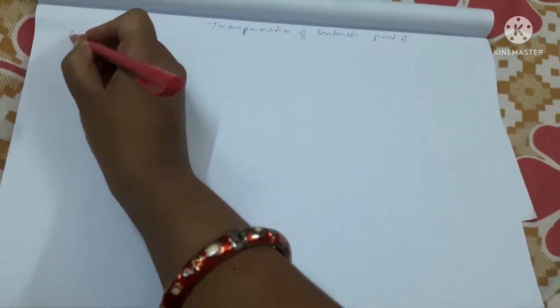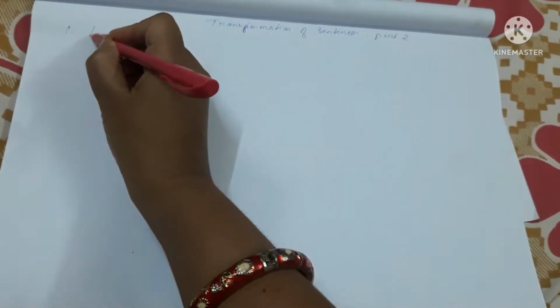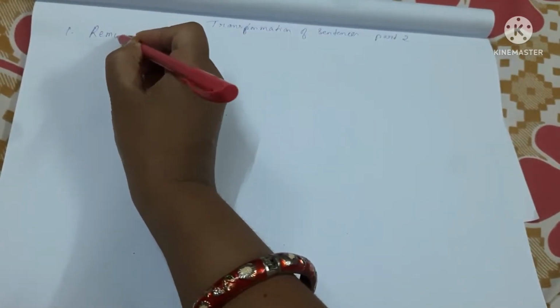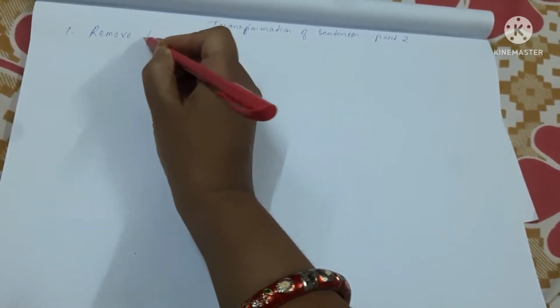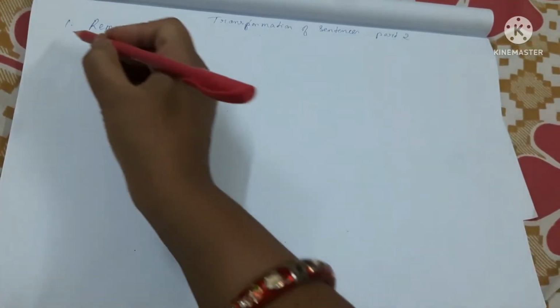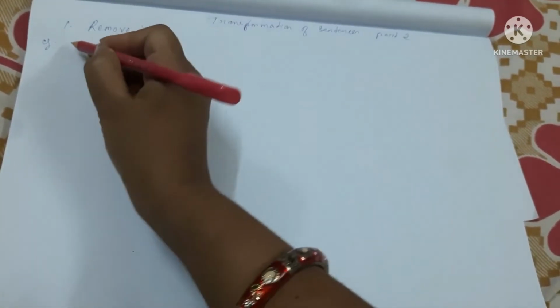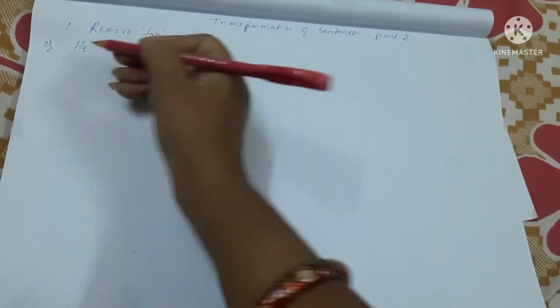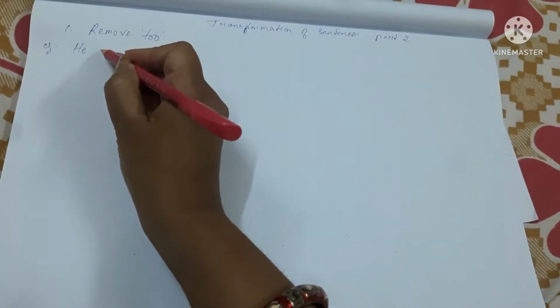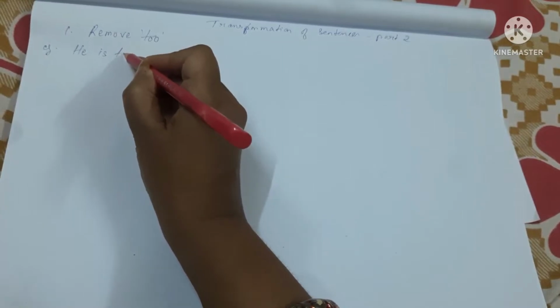So first of all, we'll be dealing with remove too. Let me give you an example here. You will often come across this type of statement in your ICSE question paper, English literature, English language.